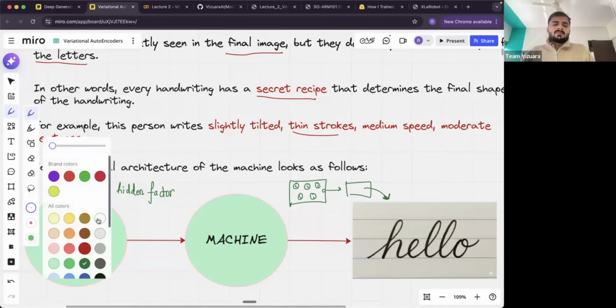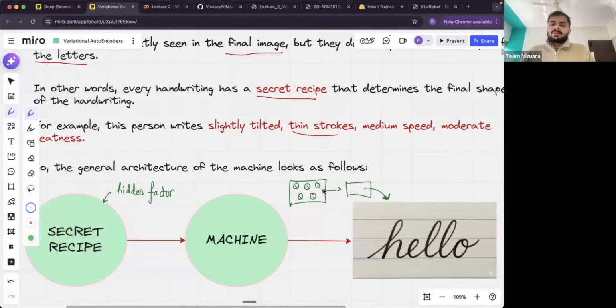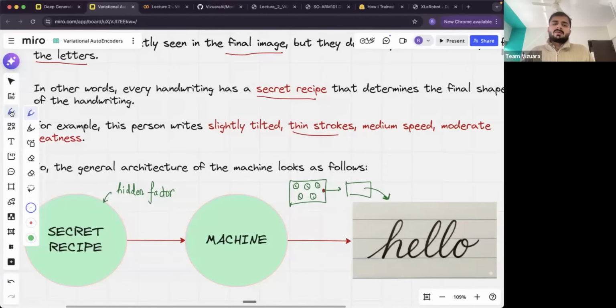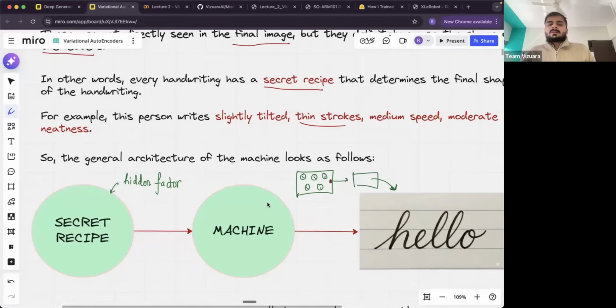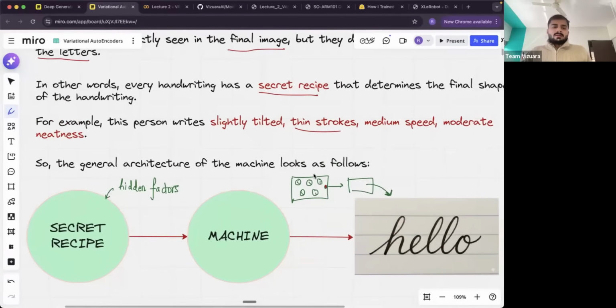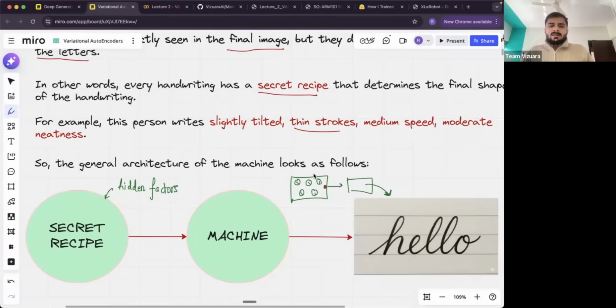Now, this is the direction we are thinking in. But the main question is: how do you find these hidden factors? In more formal terms, these hidden factors are also called latent variables. Whenever I used to read research papers, I used to see this term, latent variable, coming very often.